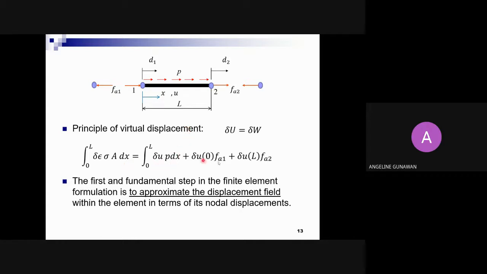Is P related to FA1 and FA2? This is external force, right? At the end here. P is not caused by FA1 and FA2, so if we sum it like that, it's double the force.